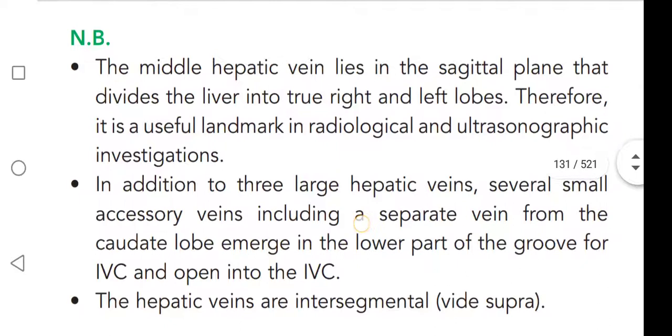Next, coming to the note: the middle hepatic vein lies in the sagittal plane that divides the liver into true right and left lobes. Which hepatic vein divides the liver into physiological or functional lobes?